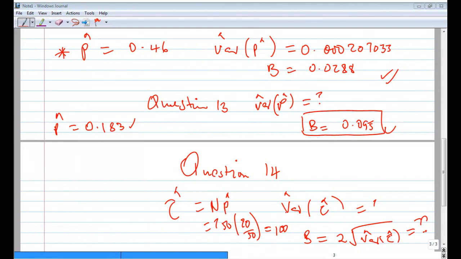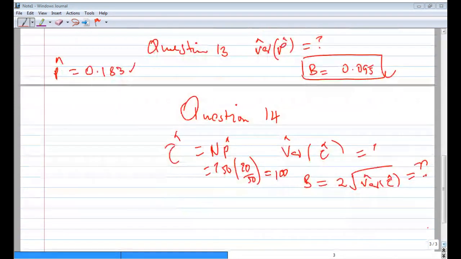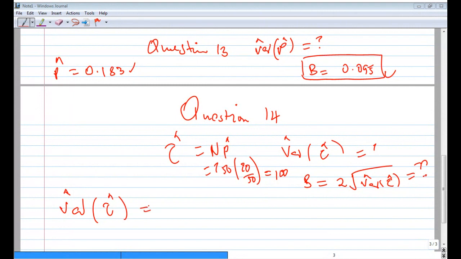Then from there you find the estimated variance of that estimator. What did you get? You're still calculating it.